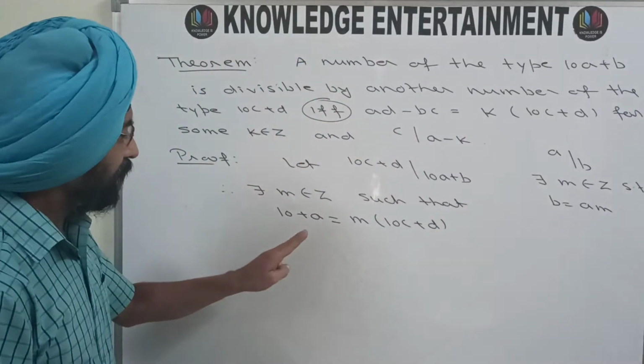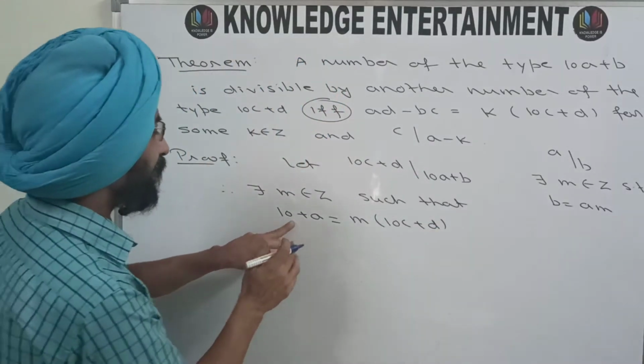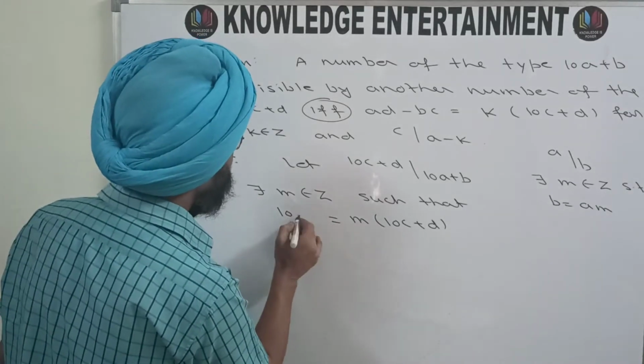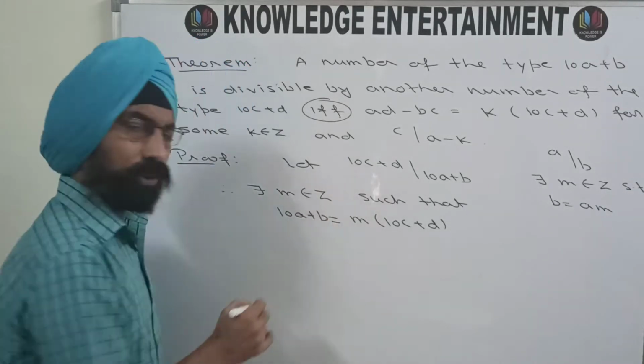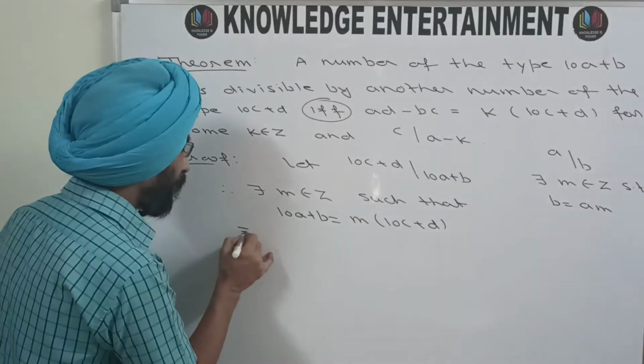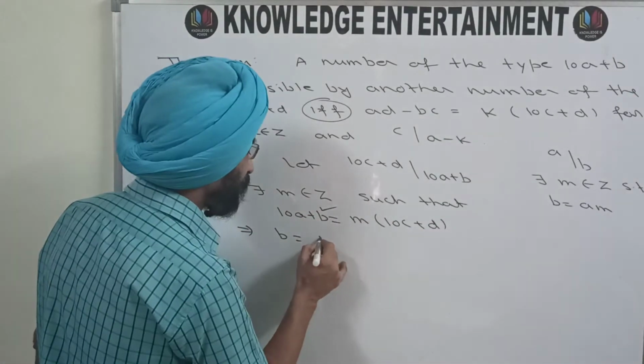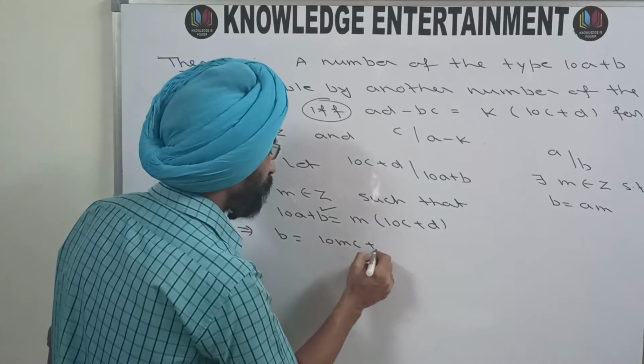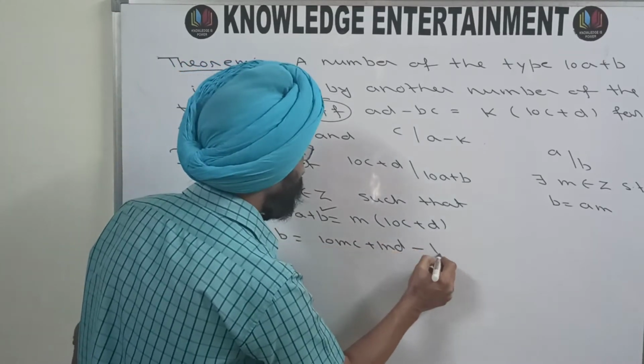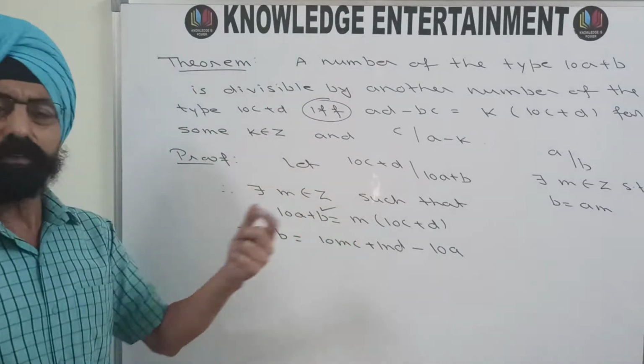From this equation, I'm going to obtain the value of b. So b is equal to 10mc plus md minus 10a. So this is the value of b.